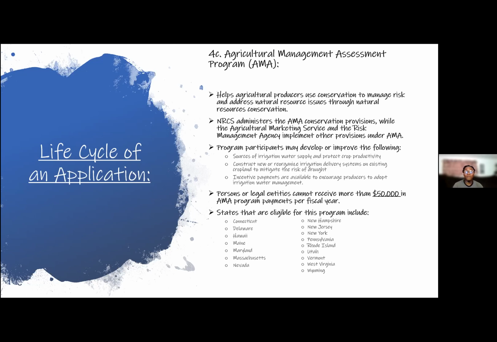For people who have forest land and maybe do some gardening, or even actual farming throughout their forests, this may be another acceptable program that could work in conjunction with CSP or EQIP. But I will say within this program, persons or legal entities cannot receive more than $50,000 within a fiscal year, so between October 1 and September 30th. It's most of New England and the East Coast and a few others, like Hawaii, that this program is applicable to.